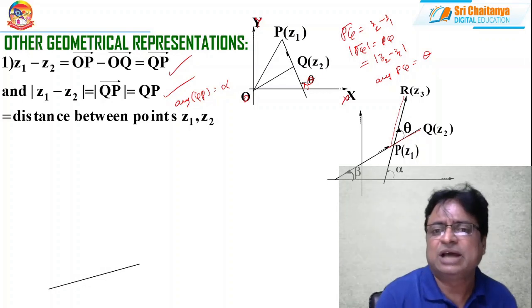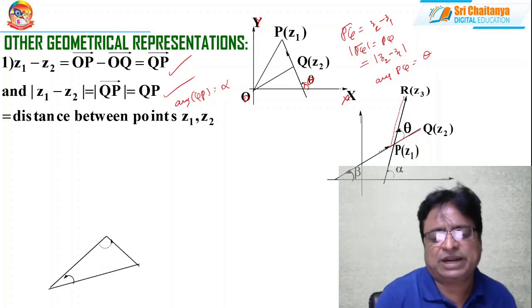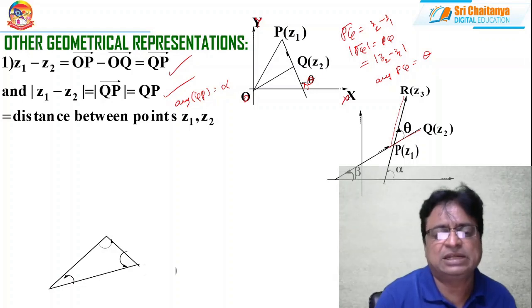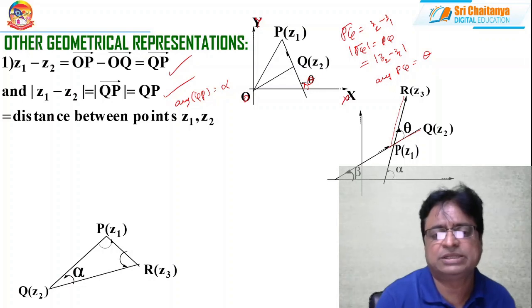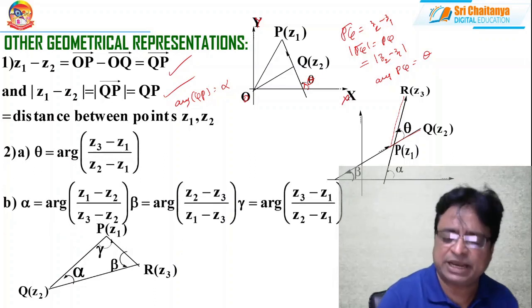Next, observe this one. Suppose this is the triangle and these are the three angles, with vertices P z1, Q z2, R z3, and the angles are alpha, beta and gamma. With the help of these two diagrams, from the first diagram, what is theta?